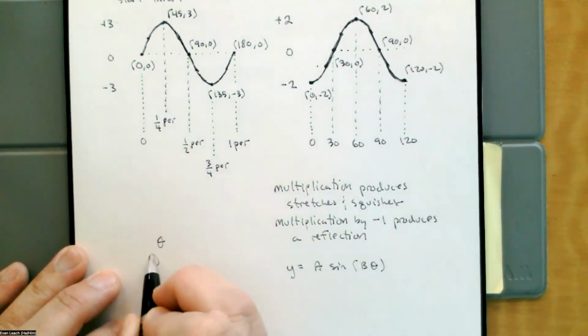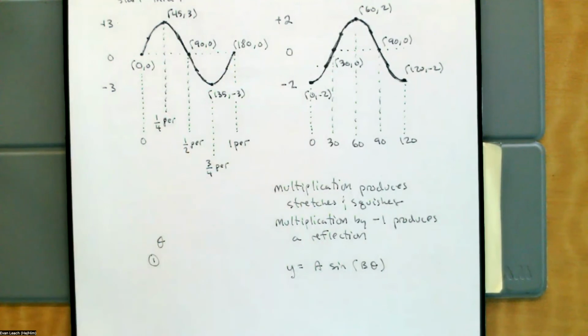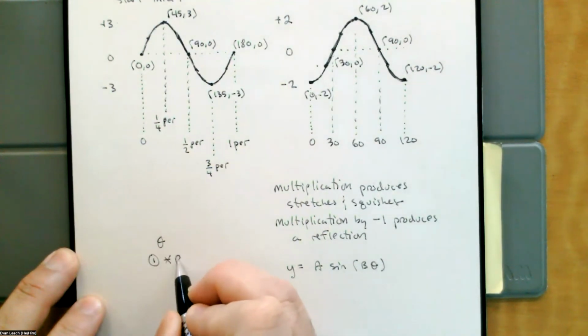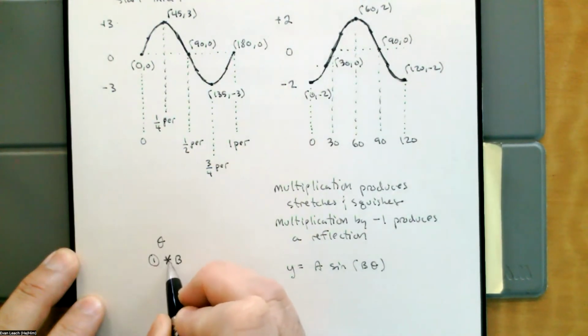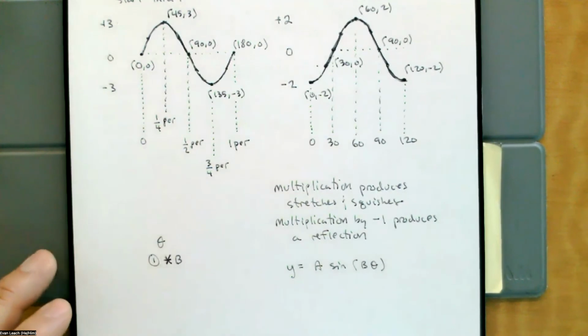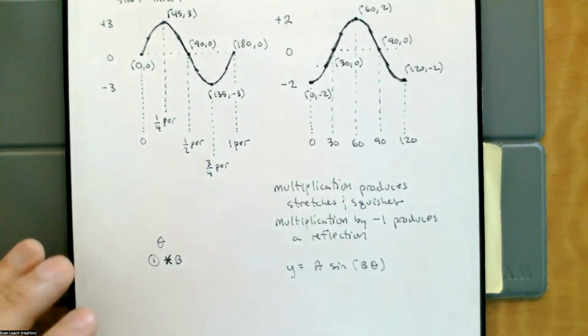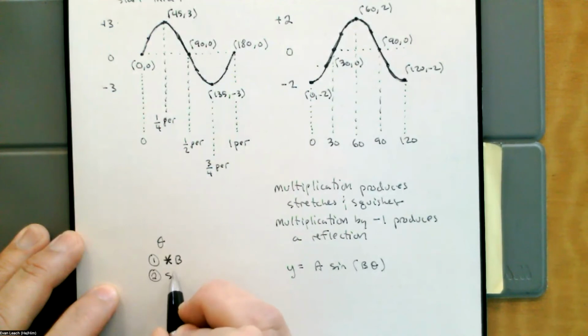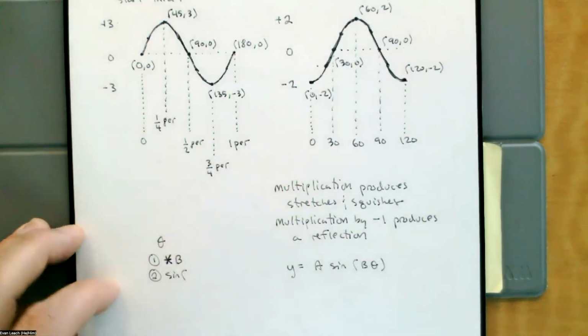The first thing that this function says to do with theta is that we multiply by b. I'm going to say we multiply by b. Once I took theta and multiplied by b, then I take the sine of the result. So I'm going to say as my second step, you do the sine of whatever happened.